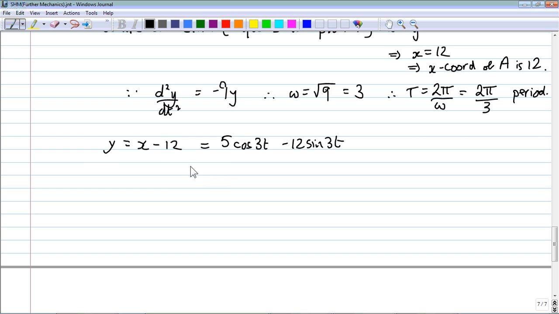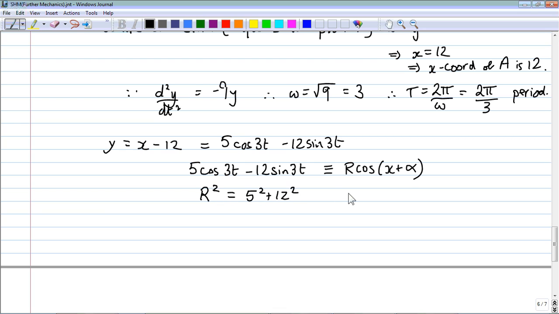So what trick do I mean? Let's write this as a single trigonometric function. If we write this, we see that r squared must be 5 squared plus 12 squared. And we can also find alpha by writing alpha here and then 5, 12 and 13.